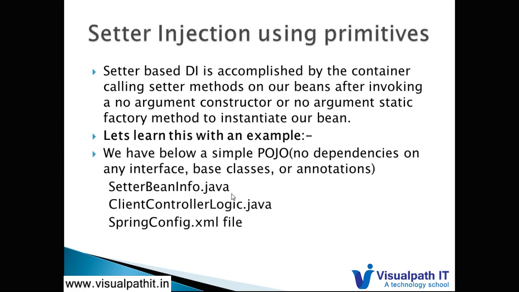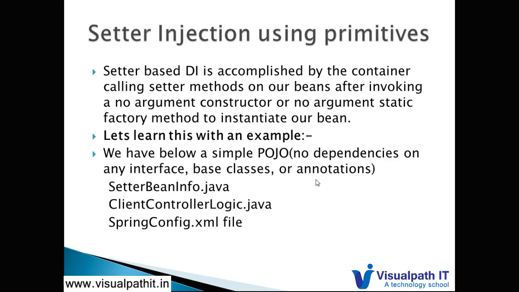It's just a POJO. Client controller logic.java is the main function, and the Spring config.xml file is the XML configuration file. So let's have these three codes now and understand this setter injection using primitives.